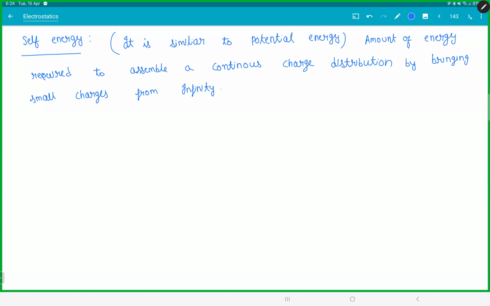Now, what do you mean by this thing? So listen to this thing. I'll show you one, then I'll ask you to prove for the solid sphere.